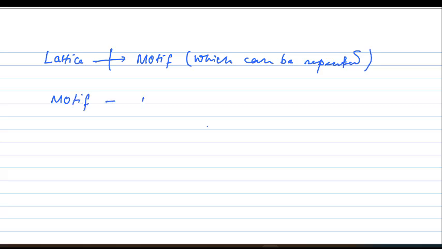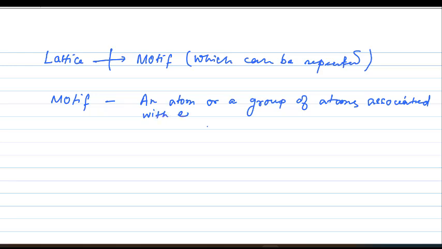Motif can be defined as an atom or a group of atoms associated with each lattice point. So basically, motif is the repeating pattern or the repeating unit of the pattern.